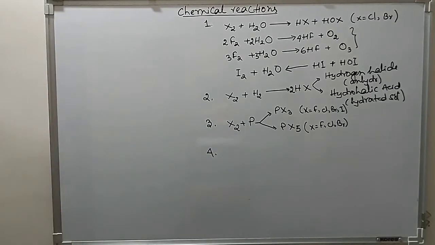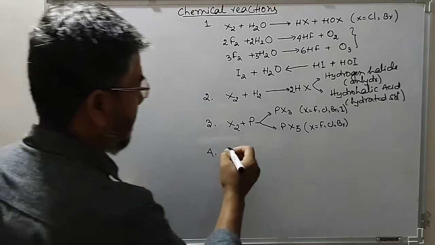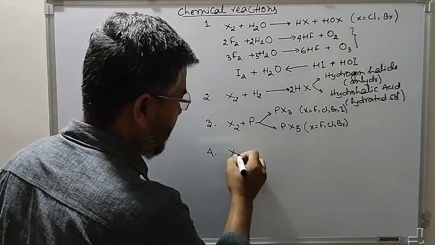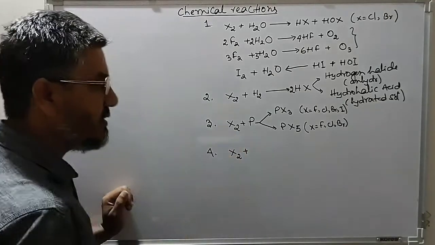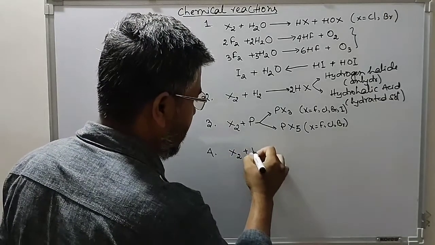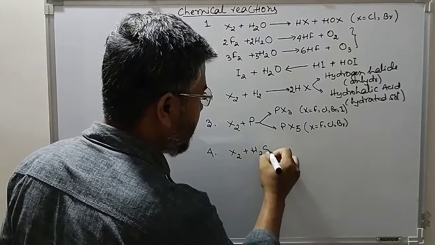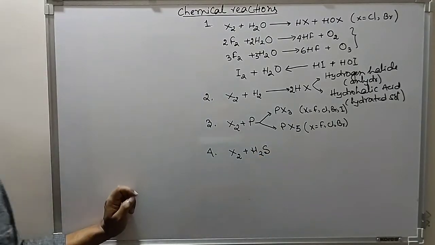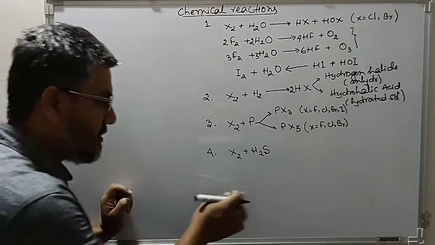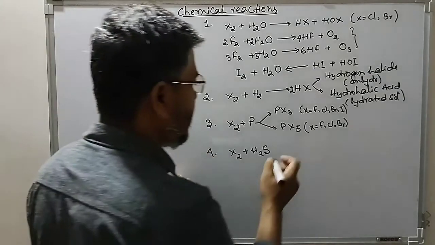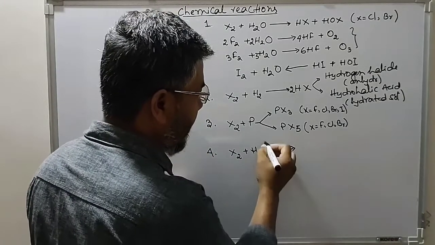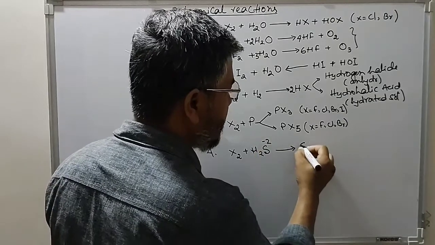Number 4, these halogens react with hydrogen sulfide. Halogens being very good oxidizing agents, they oxidize the sulfide ion, that is -2, to sulfur.